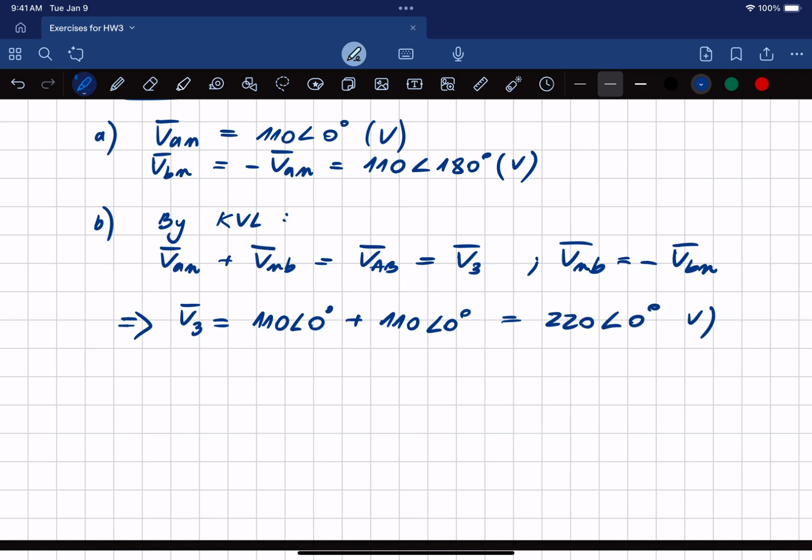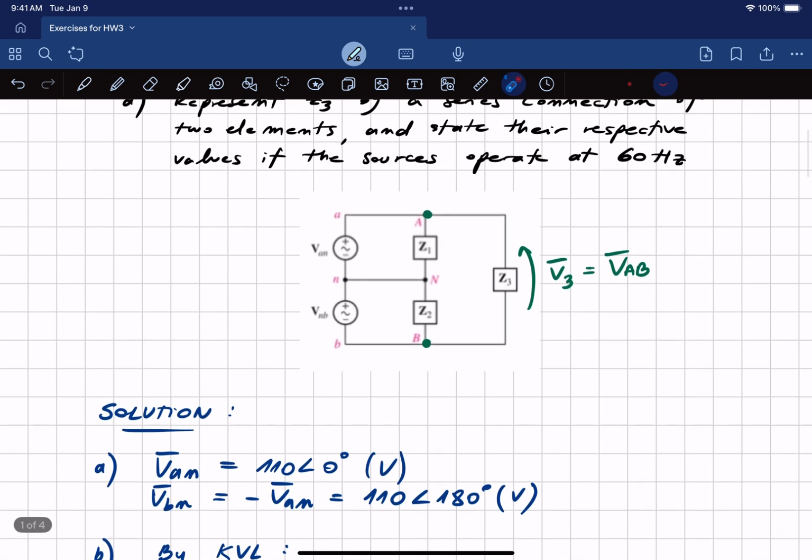So that's kind of the whole point of having a two-phase system. We can have single-phase loads connected to 110, just like Z1 and Z2, and we can have loads connected to the 220 outlet. Let's say AB is this 220. So that's exactly what happens in US household electrical systems.